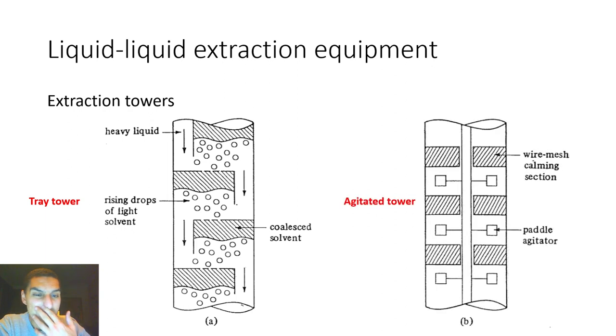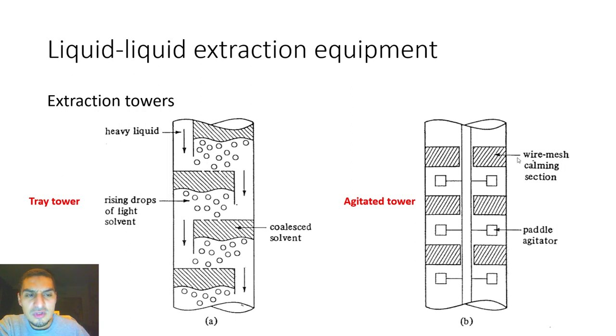One other thing is the agitated tower, and the agitated tower is simply a tower that has a lot of mixers, and you force the flow to go here, and in this large area it stays for some time, where the agitators work and do the mixing, and the mass transfer takes place, and then it goes down through this narrow flowing area to the second stage.